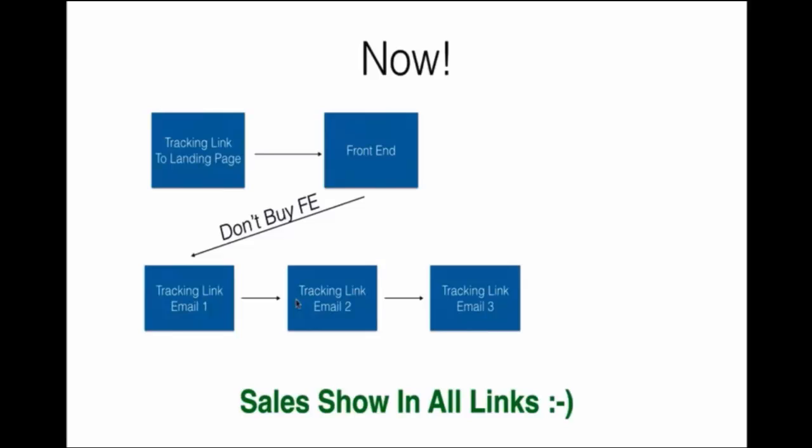If they happen to buy in any of these emails, the sale would get attributed to one of the 3 emails they bought from, but it would not get attributed to the actual original tracking link they came into. So that could be a problem, because if you want to see which of your email follow-ups are working well, but also still want to see your overall stats for your whole funnel, you previously couldn't.